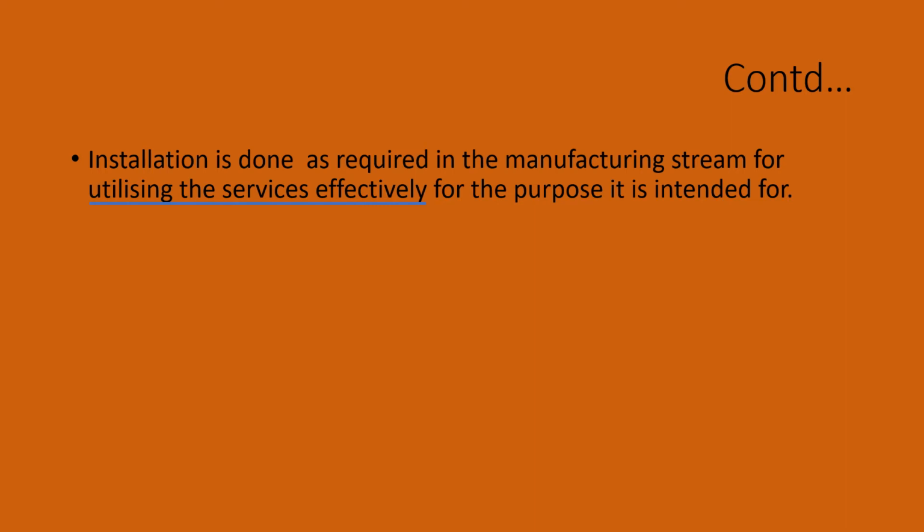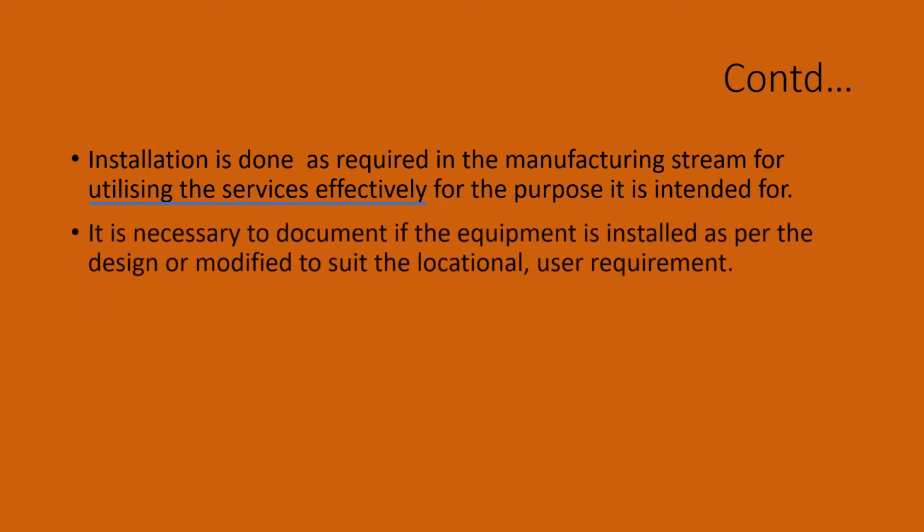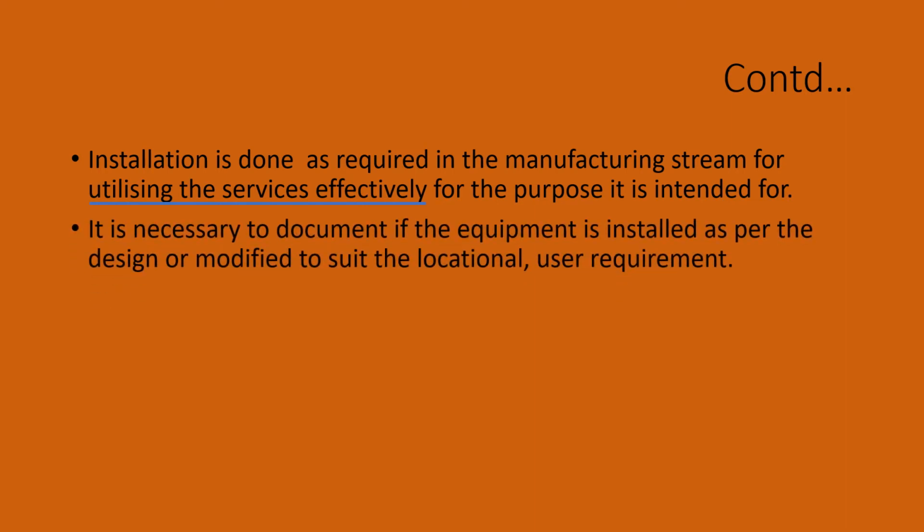This way, each and every part of the entire stream should be installed properly. It is necessary to document if the equipment is installed as per the design or modified to suit the locational or user requirement. All these sequential installation points have to be documented fully.